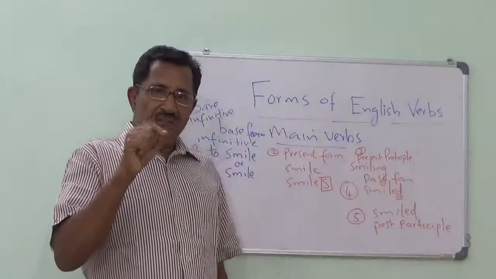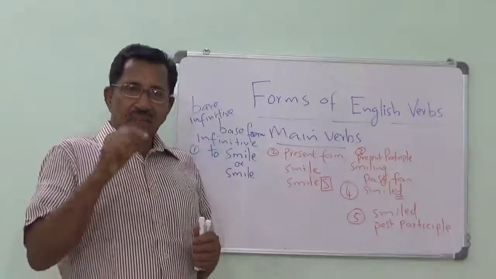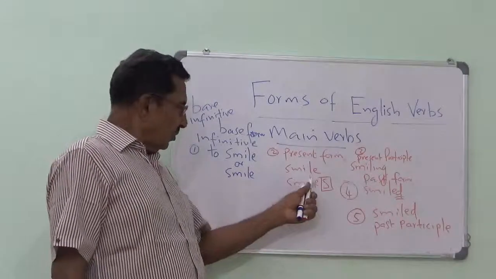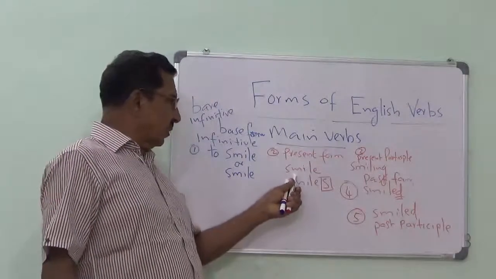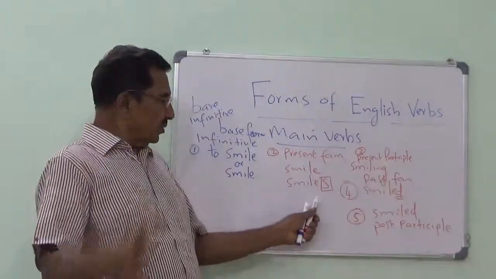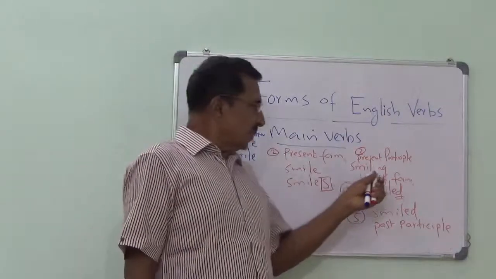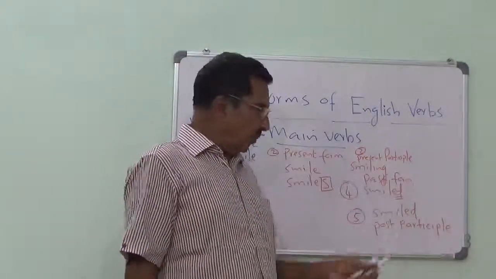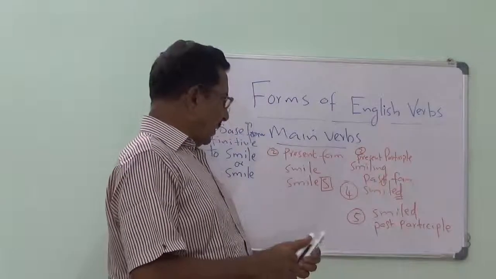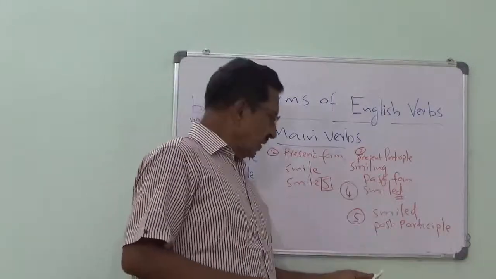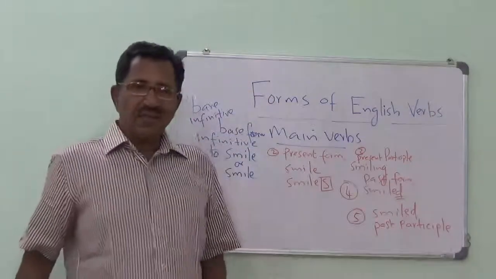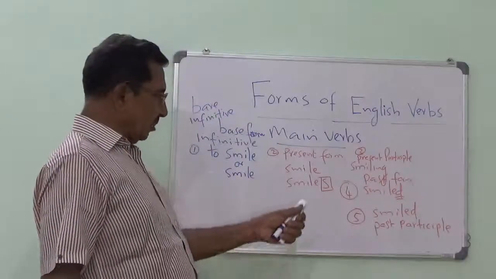When the same verb is used in the present tense, you change its form. In most cases there is no change. Smile remains the same, but there is an S here, smiles. So 2 forms. The third is present participle or ing form. Fourth is the past tense form, past form, ed form. And the fifth is the same as the ed form, but called past participle.